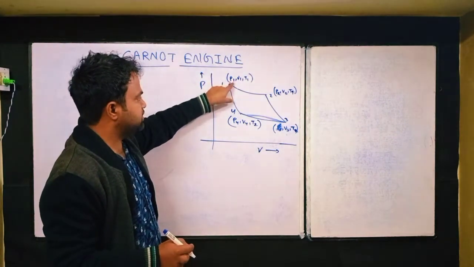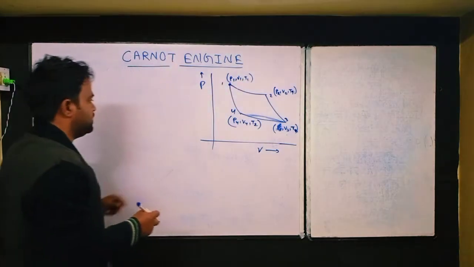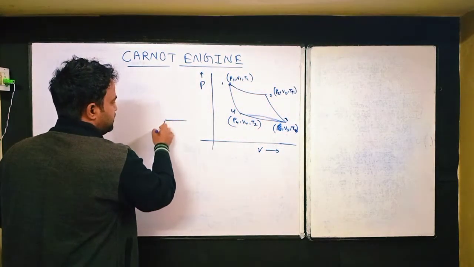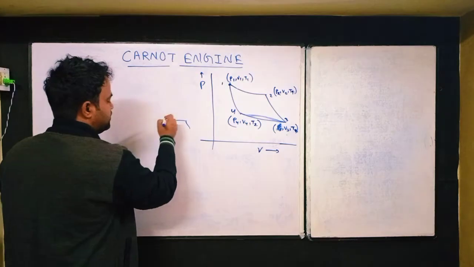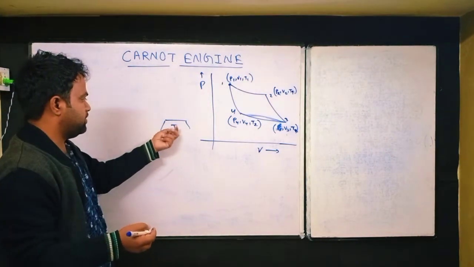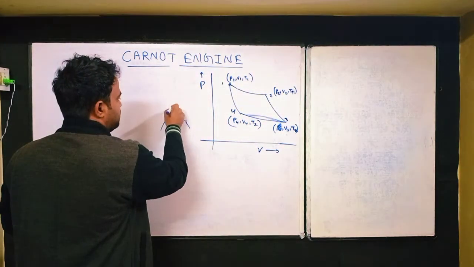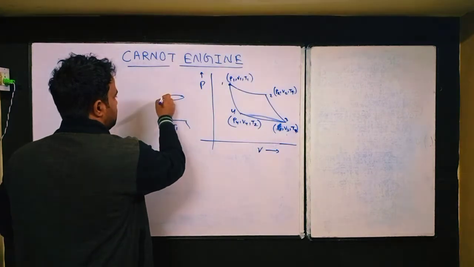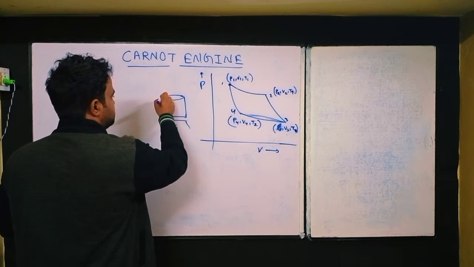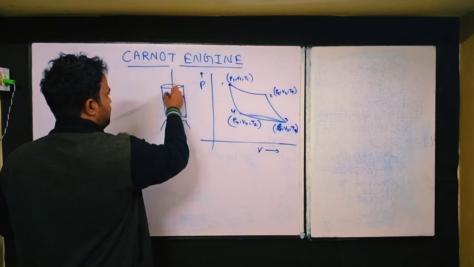From here, the initial condition has pressure, volume, and temperature. Let us analyze with an example where temperature T1 is higher, and let's say it's a reservoir, a high temperature surrounding. So here we bring one cylindrical system, and in this cylindrical system this is your piston.